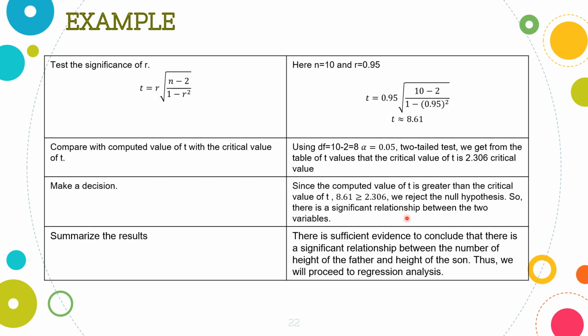There is sufficient evidence to conclude that there is a significant relationship between the height of the father and the height of the son. Therefore, we will proceed to regression analysis kasi ang nakuha natin is that the relation exists. Okay?